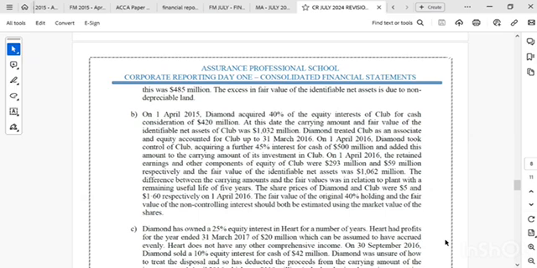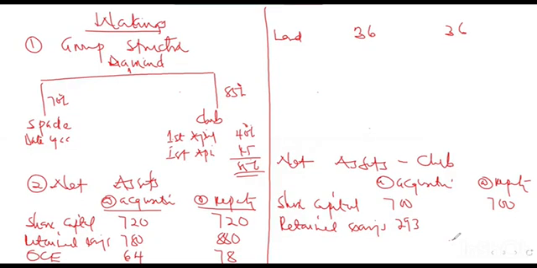What is their retained earnings at the date of acquisition? 293, against 364 at reporting. The other component of equity was 59, and 59 again, so there is no movement in that.